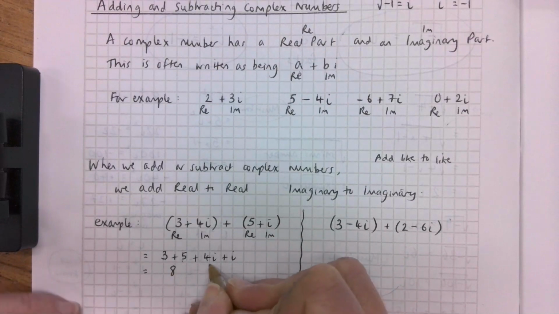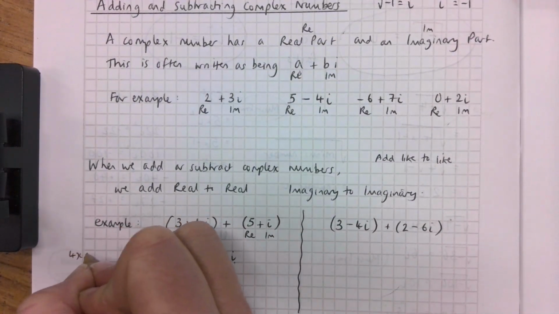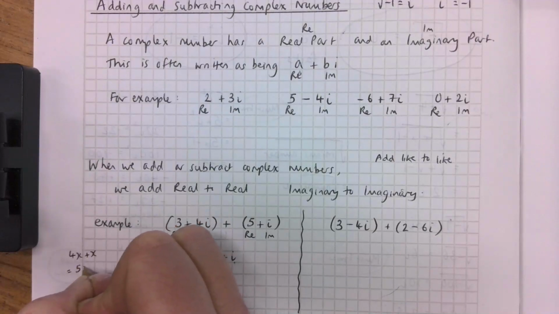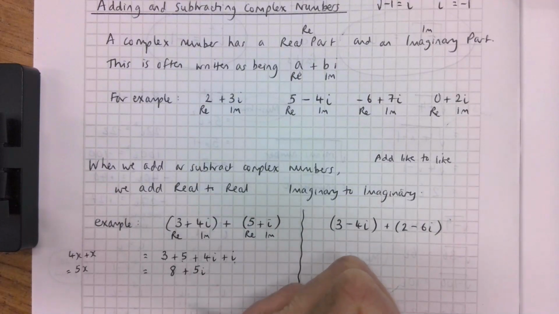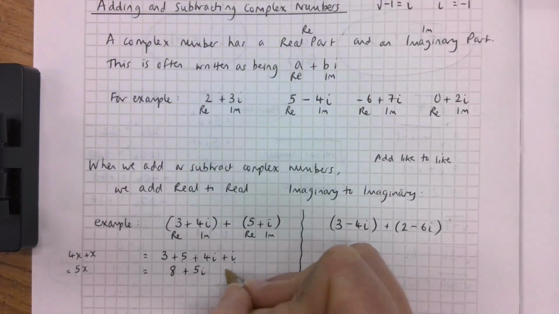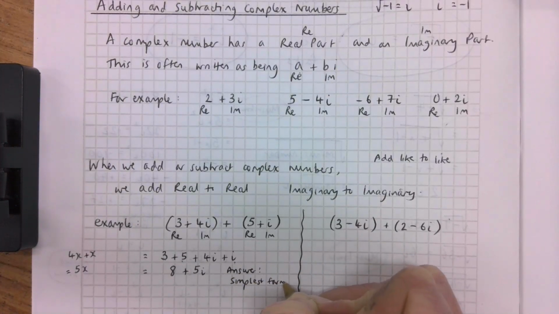And when I add 4i plus i, it's like adding x's. If I added 4x and x, I'd get 5x. So 4i and i is 5i. I have 4 i's, one more i will make it 5 i's. And that's the answer. You can't go any further. It's the simplest form. Okay?